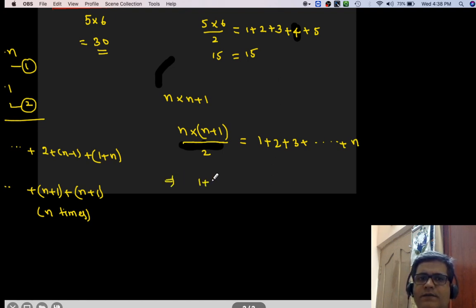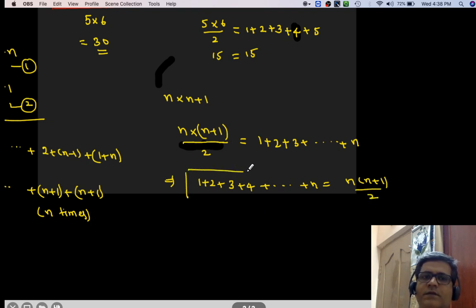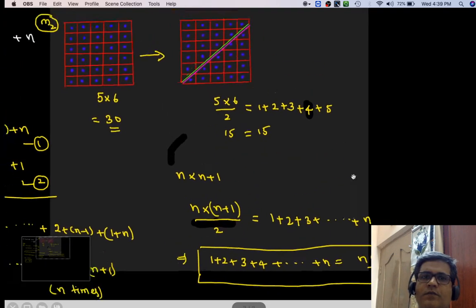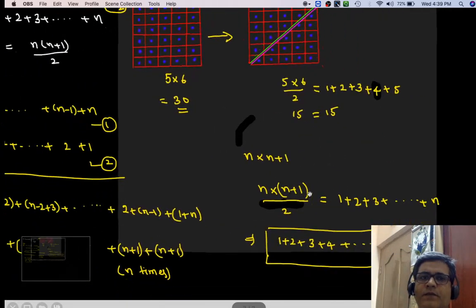That is, 1 plus 2 plus 3 plus 4 plus etc. up to n is equal to n into n plus 1 by 2. That is, the sum of n natural numbers is equal to n into n plus 1 by 2. So this is the proof by method 2.